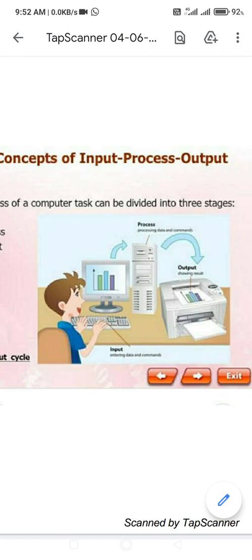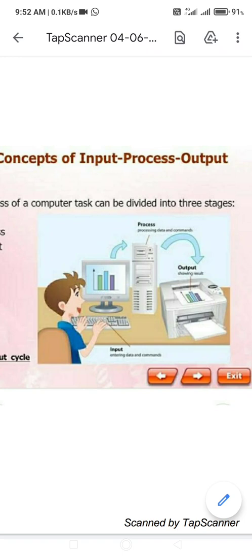That result comes out from the printer on paper. It is known as the output. This is the output of the data and instructions given by the user and processed by the CPU, and then the result is given from the printer. So by this I think you can easily understand what is input and what is output.